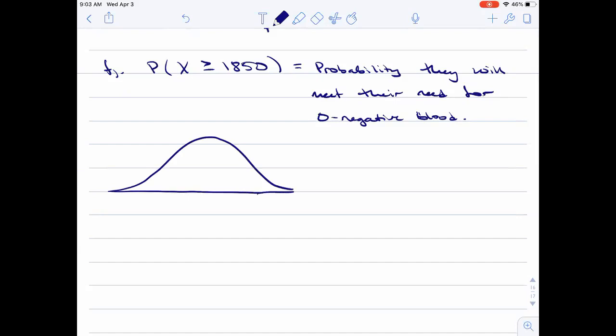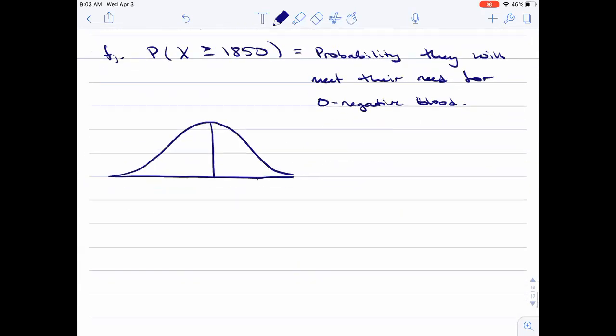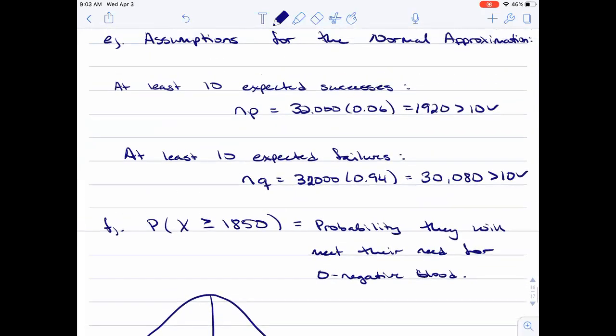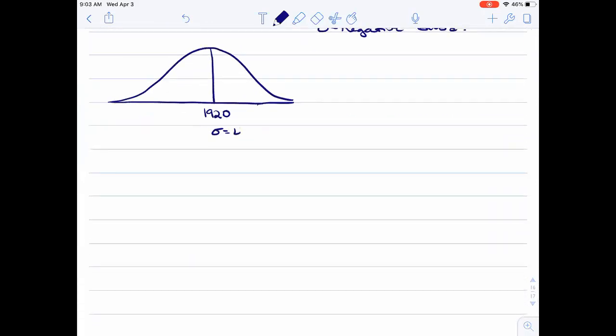if I know the mean and the standard deviation, and I can say it follows a normal distribution by the normal approximation, because the assumptions are satisfied. We've got the mean at 1920. Sigma, we said, was 42.48.